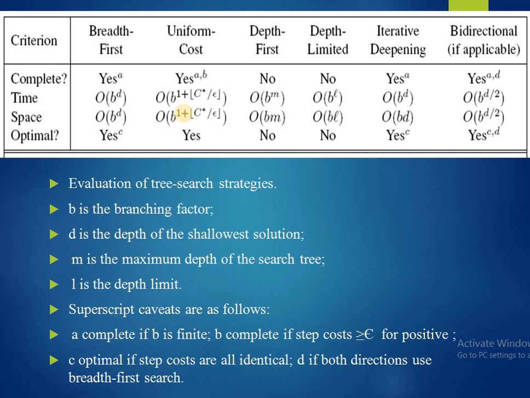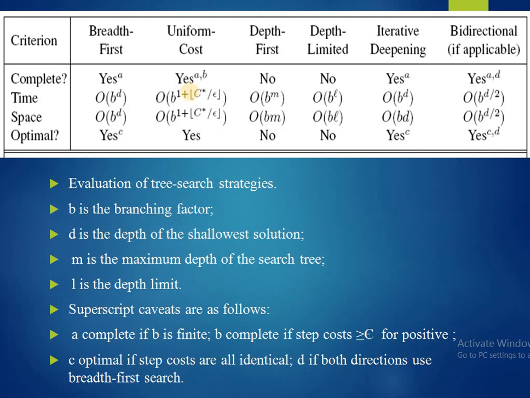Here the evaluation of the tree search strategies is provided, where b is the branching factor, d is the depth of the shallowest solution, m is the maximum depth of the search tree, and l is the depth limit.